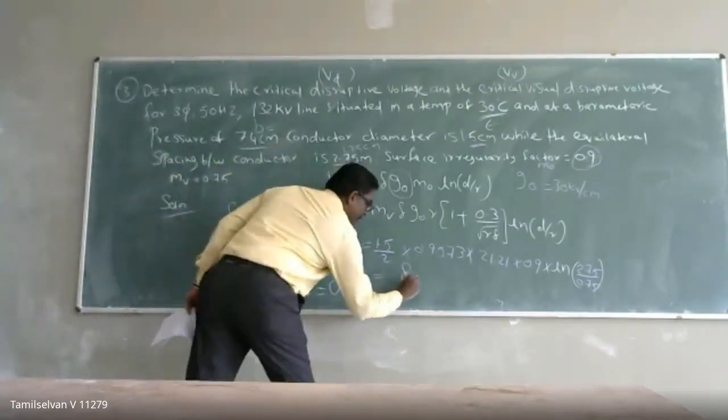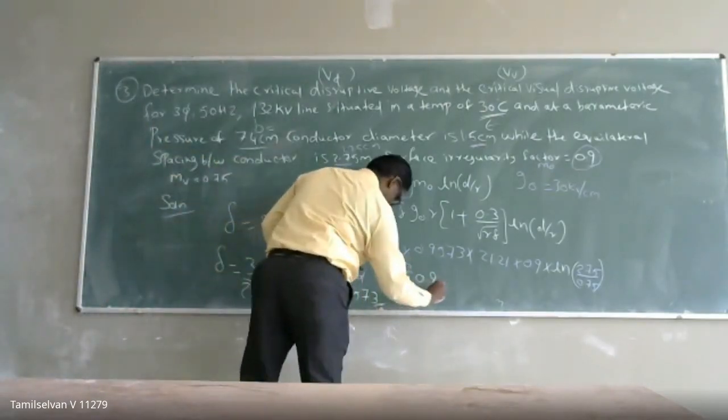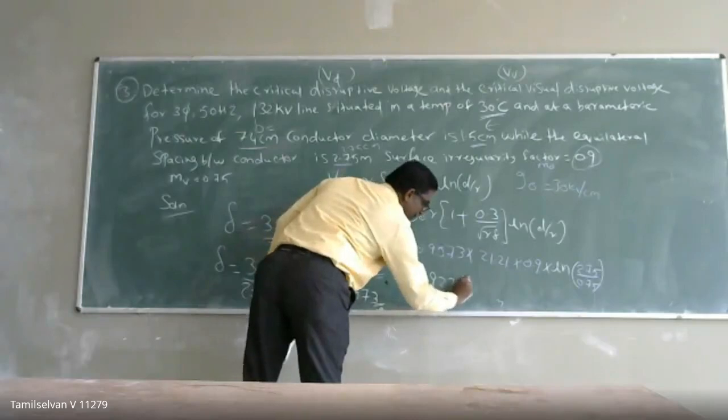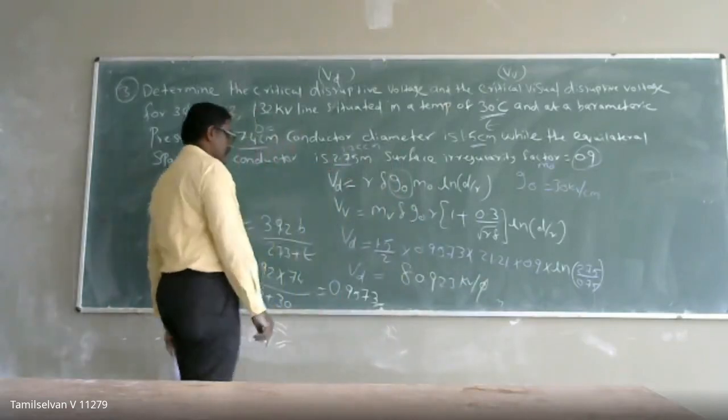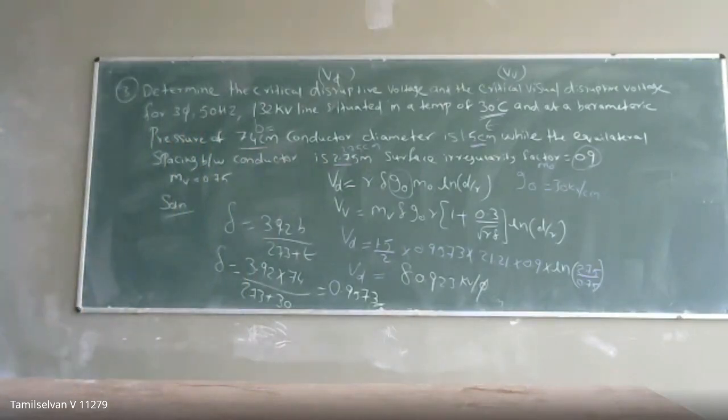You will get 18.92 kilovolt line voltage. Unit of line voltage.